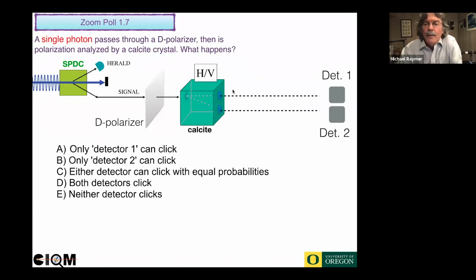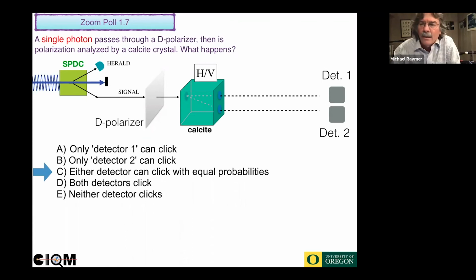So most people said that either detector can click with equal probabilities, and that is correct. Very good. And the reason, this introduces a whole new concept, so I didn't expect you to necessarily know the answer to this. Think of this as an experiment that somebody did, and they said, oh, gee, look at that.